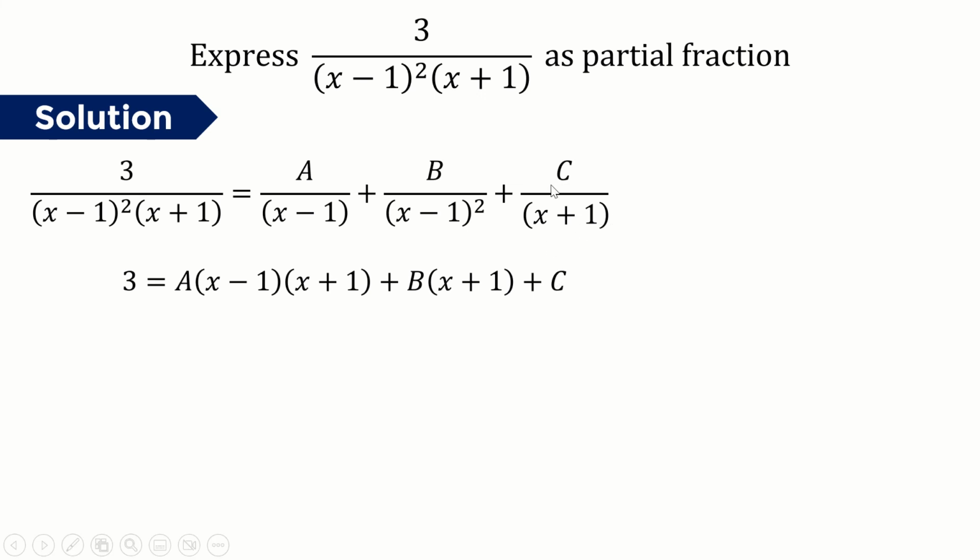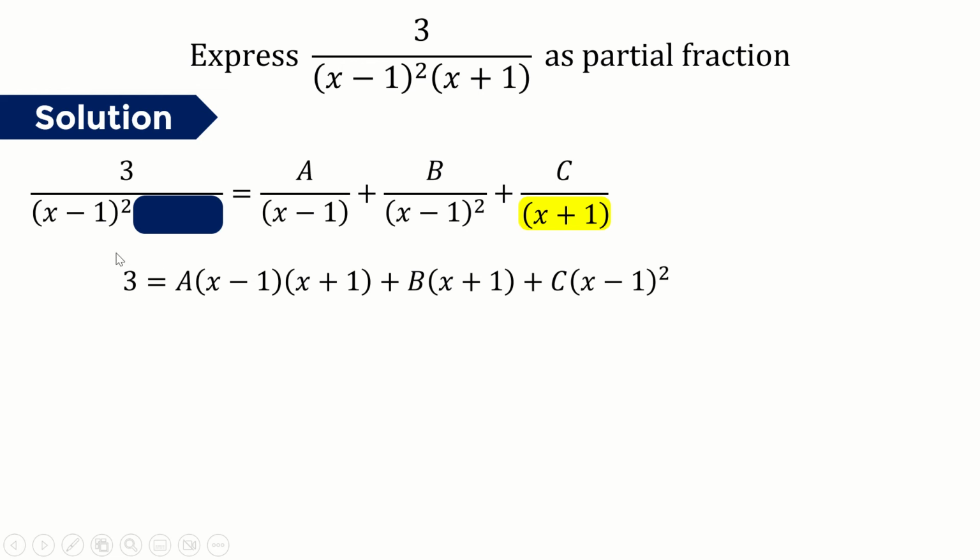So we look at the denominator of C, which is (x plus 1). Here we also cover the factor (x plus 1), so what is left is (x minus 1) squared. So C needs to be multiplied by (x minus 1) squared. So we get this equation. From this equation, we can proceed to find A, B, and C.